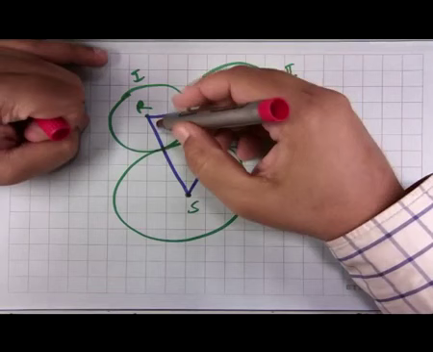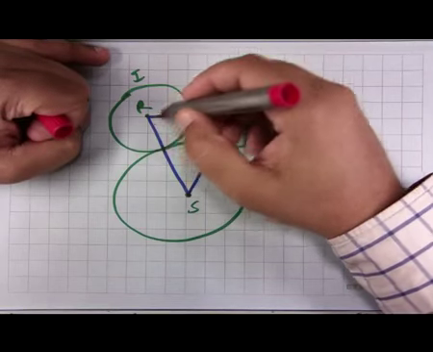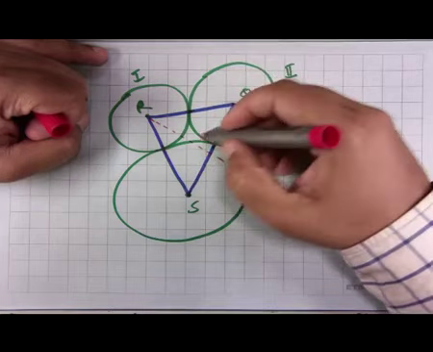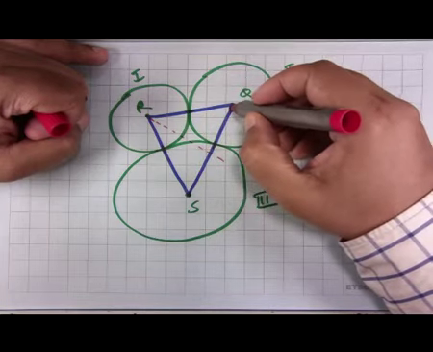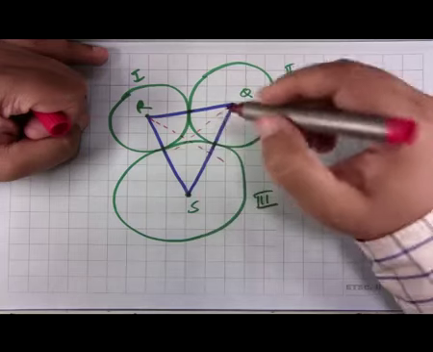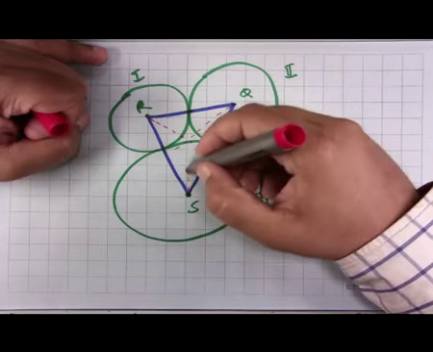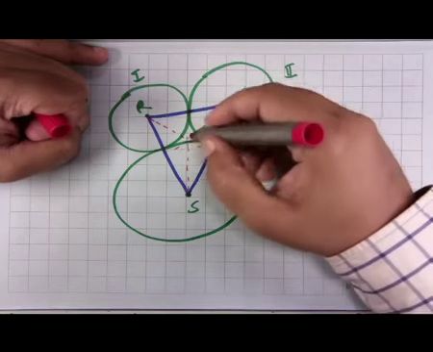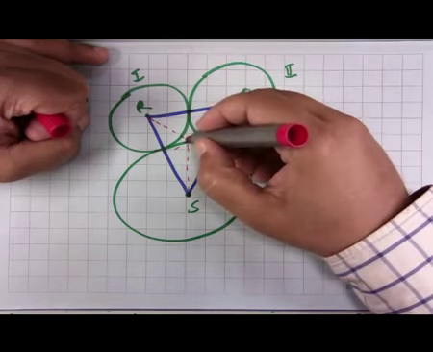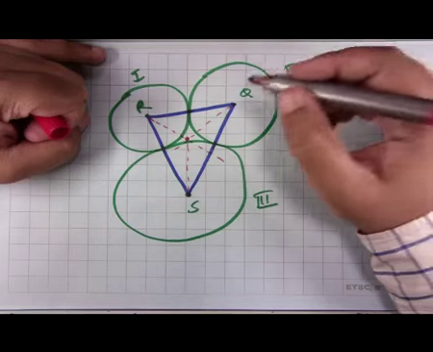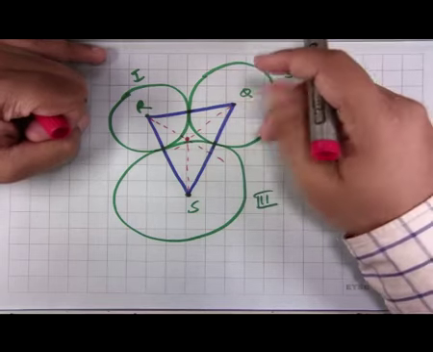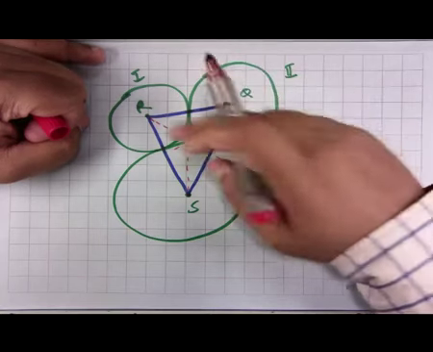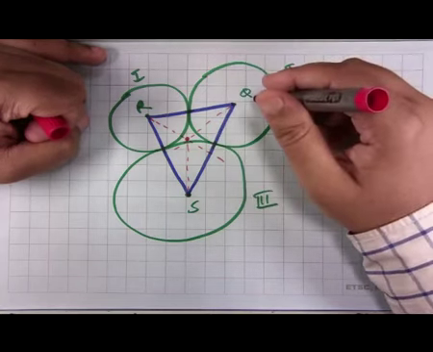Let us now draw the angular bisectors of all the three angles of this triangle. We know that the three angular bisectors meet at a common point. Let this red dot denote this common point of intersection of the three angular bisectors of triangle QRS.